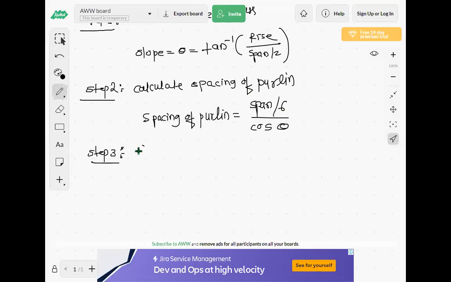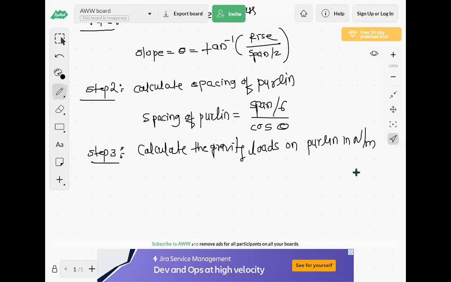Now step 3: calculate the gravity loads on purlin in Newton per meter.